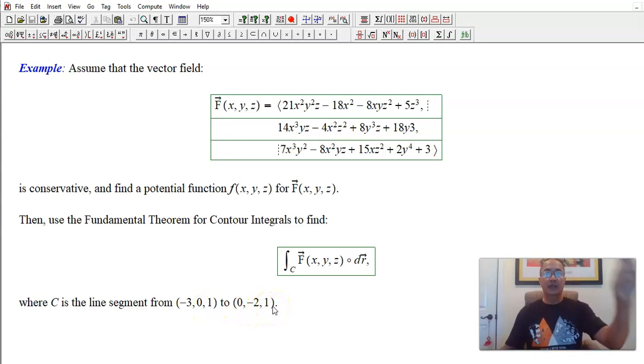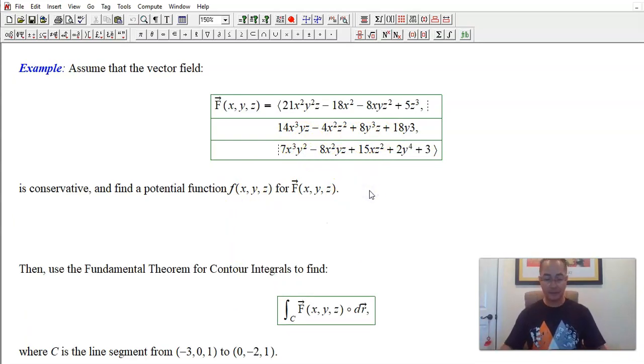So there's no such thing as a free lunch. What we need to do is find a potential function for this ugly vector function. In other words, this first component should be the partial derivative of f with respect to x, the second should be f y, the third should be f z.